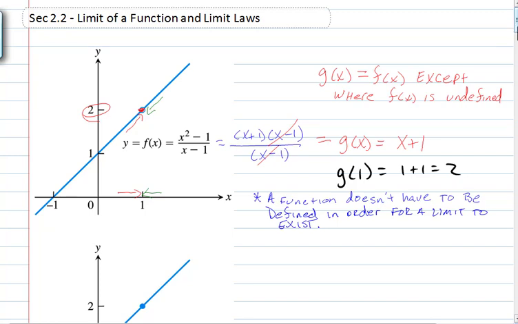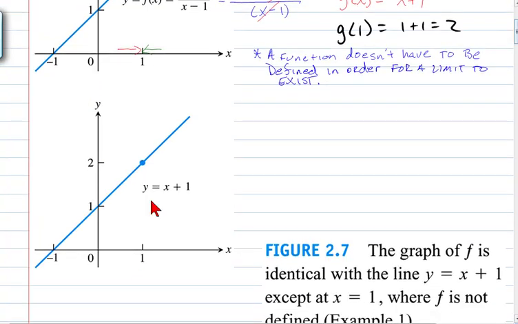So here's another function, y equals x plus 1. And if I want to look at the limit, once again, as we get closer and closer to 1 right here, from the left and from the right, what I see is that limit is still the same right here. We'd say that the limit as x approaches 1 is 2.